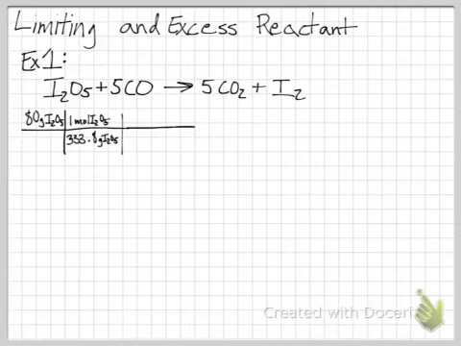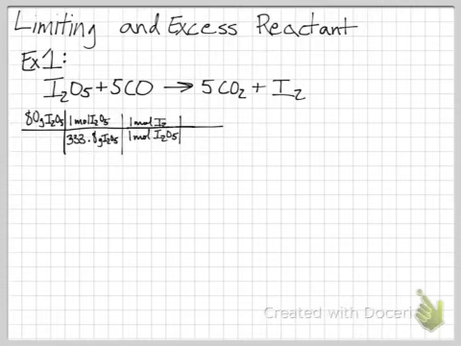Now, this gives me moles of I2O5. I need to end up in moles of I2, so this is where my mole ratio comes in. And remember, moles you want divided by moles you have. I have I2O5 at the moment, so it goes to the bottom, and I2 is what I want, so I'll write it up top.